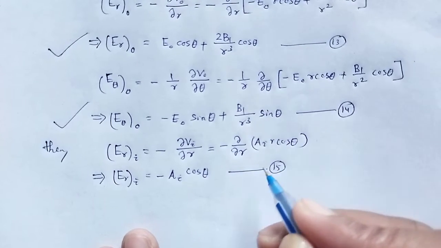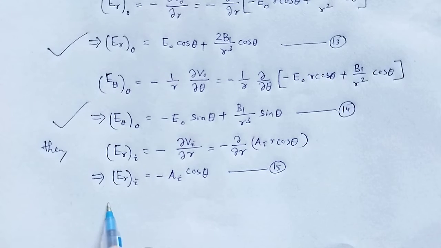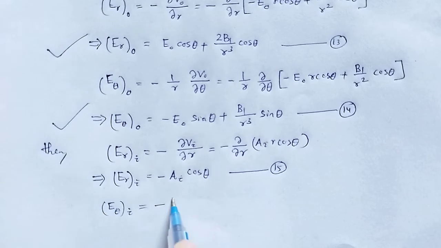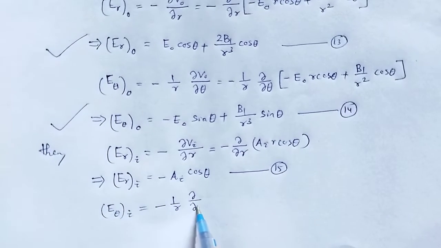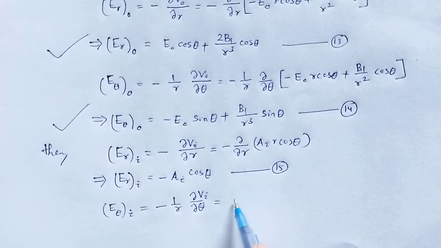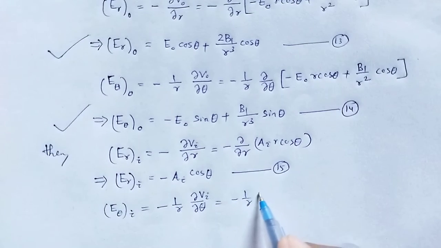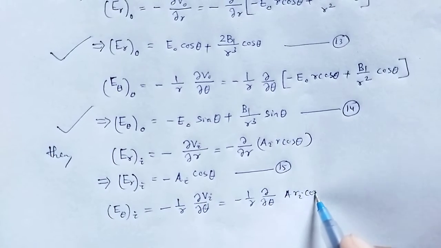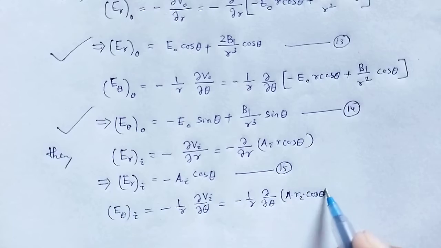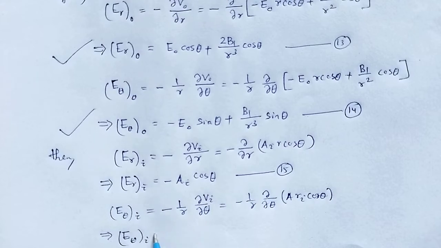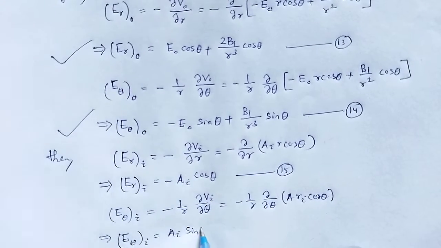Equation number 15. Again, for E theta inside, the transverse component, minus 1 by R del by del theta of V I is equal to minus 1 by R del by del theta of A R I cos theta, which implies E theta inside is equal to A I sin theta.